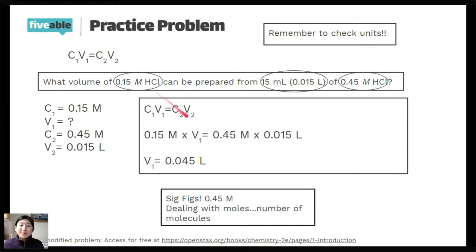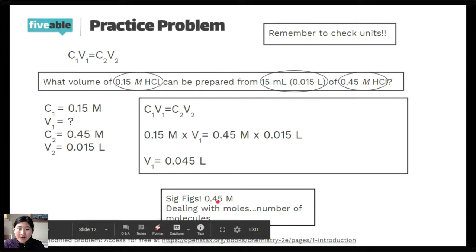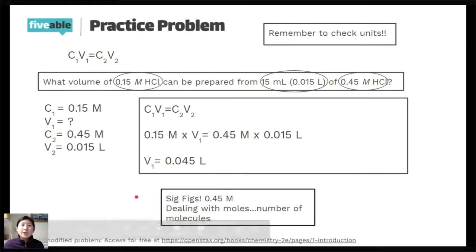Yeah, and also remember your sig figs, all right? 0.45. So we're talking about 0.45 molarity, and this is essentially dealing with moles, right? So molarity, remember, it's moles over liters.